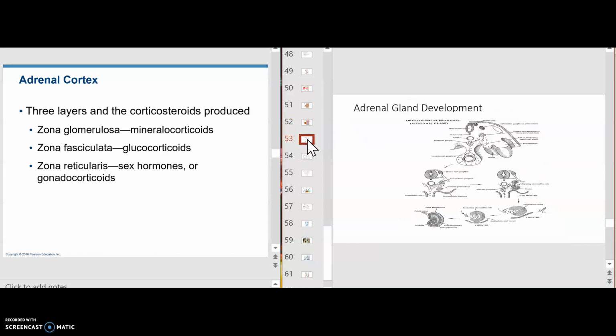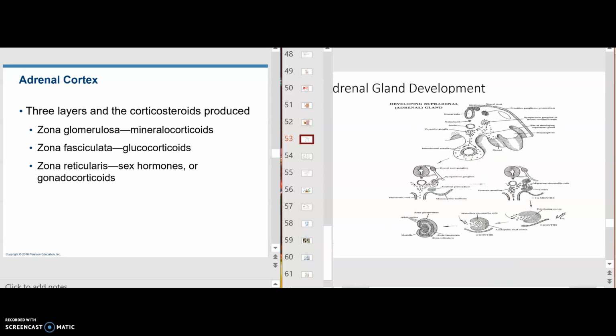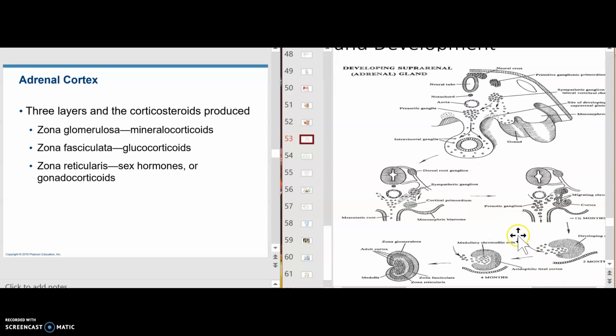So here's the origination. It's hard to see, but the medulla was an outpouring from neural cells. Let me blow this up just a little bit. So right here, neural cells went and invaded into the developing cortex as it surrounds.